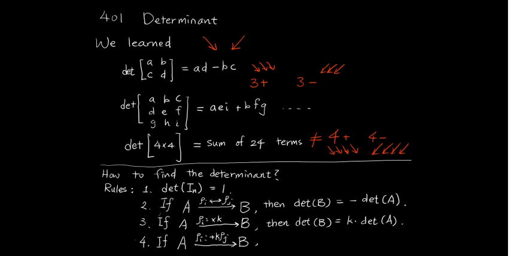So this notation says that row i is equal to row i plus k times row j. If this happens, then the determinant of the new matrix is equal to the determinant of the original matrix. So when you are doing the row operations, you can do a lot of this type of row operation, and you don't need to keep track of the determinant.